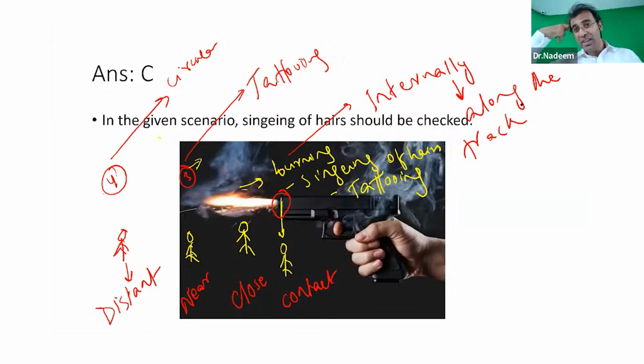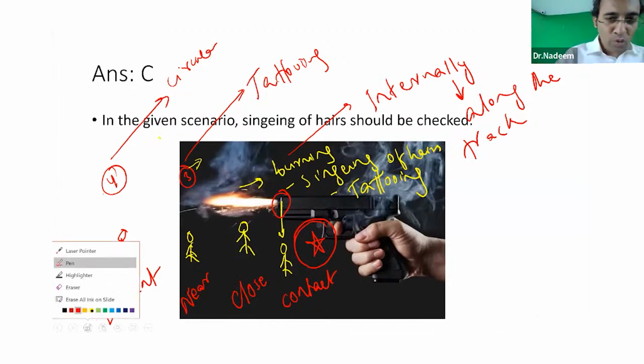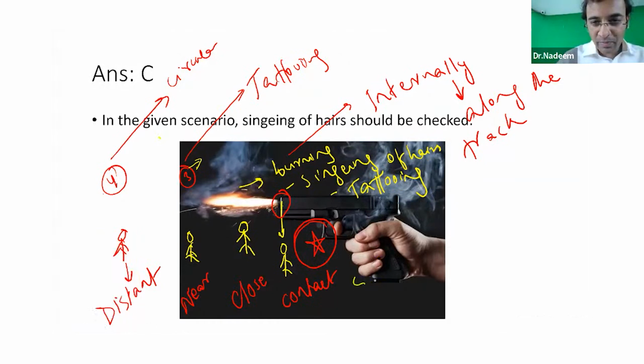Because of the blast effect, the shape of the wound will be either stellate or cruciate. Apart from that, at any distance, there will be a circular wound.